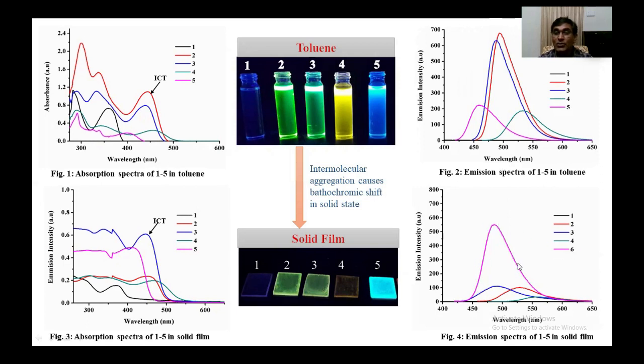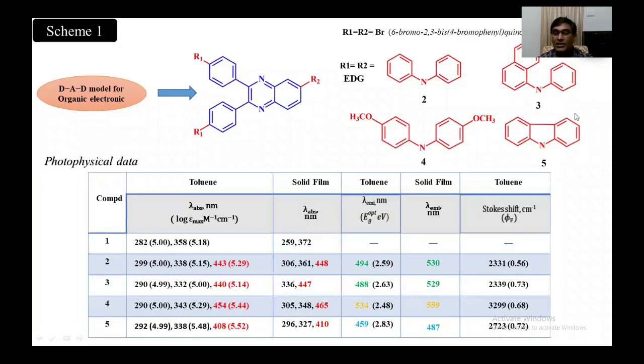So here also you can see the solid state of the second, third, fourth and fifth derivatives. The fifth, having carbazole in it, is a blue emitter, and these are the green emitters, and this is the yellow emitter. So this again suggests that the fifth molecule, having this carbazole donor, the heterocyclic donor, has good emission in its solid state, and thus can have this AIE property.